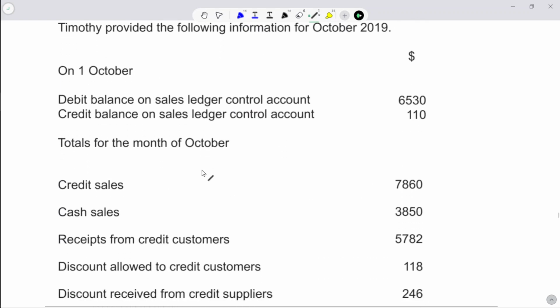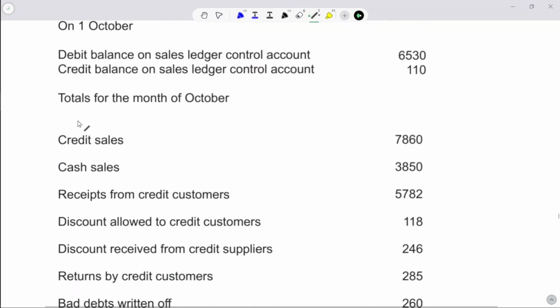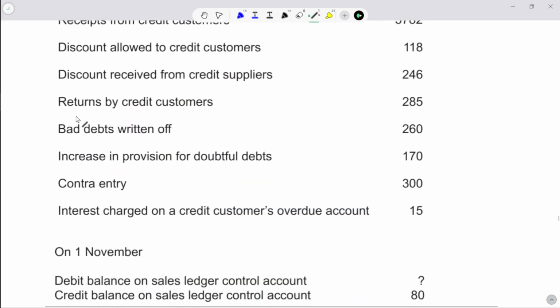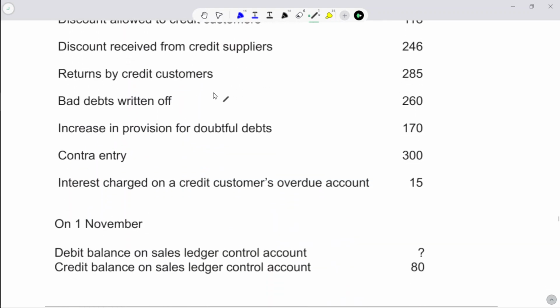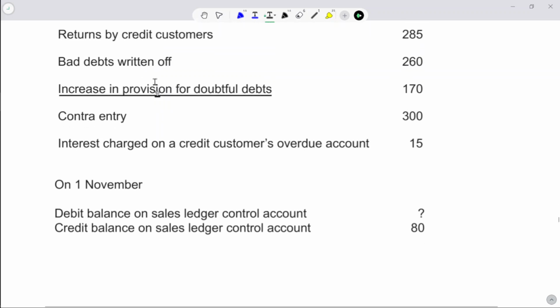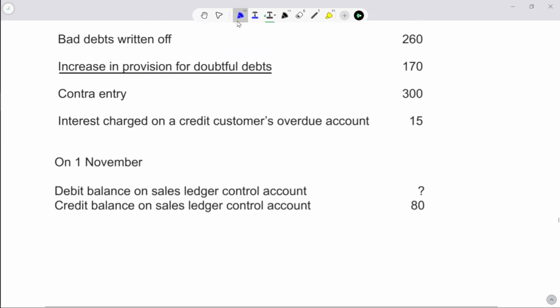So I highlight something for you. This one, increase in provision for doubtful debt. This line. Okay. This one is an expense. You will learn it in a later chapter.